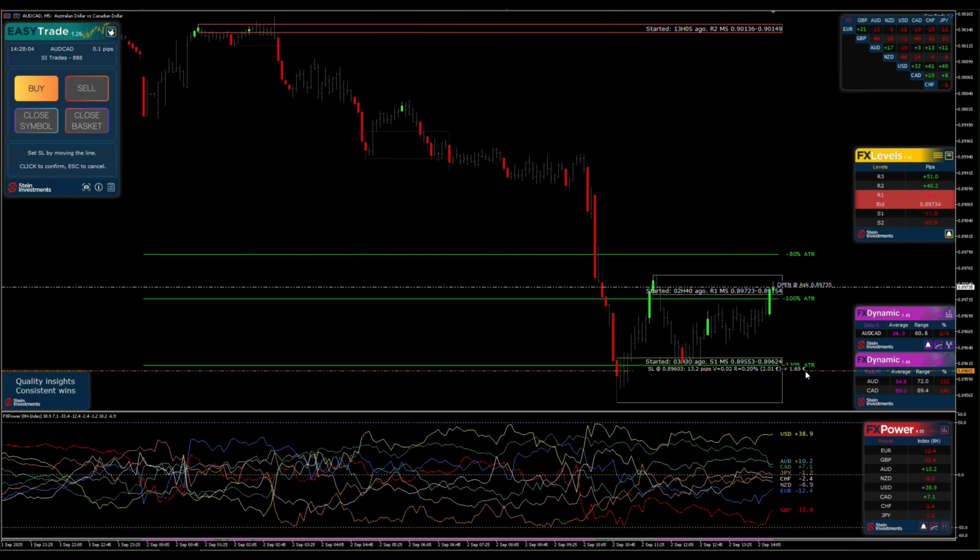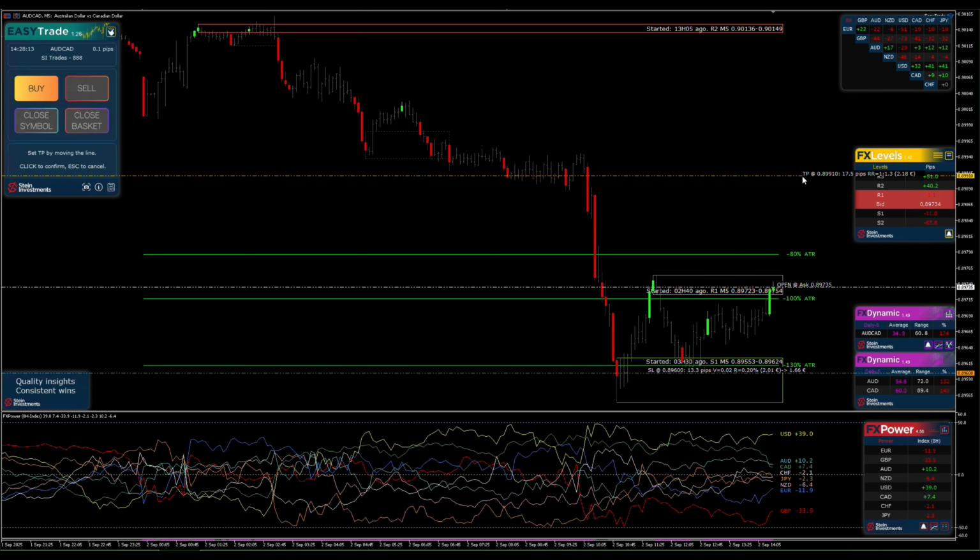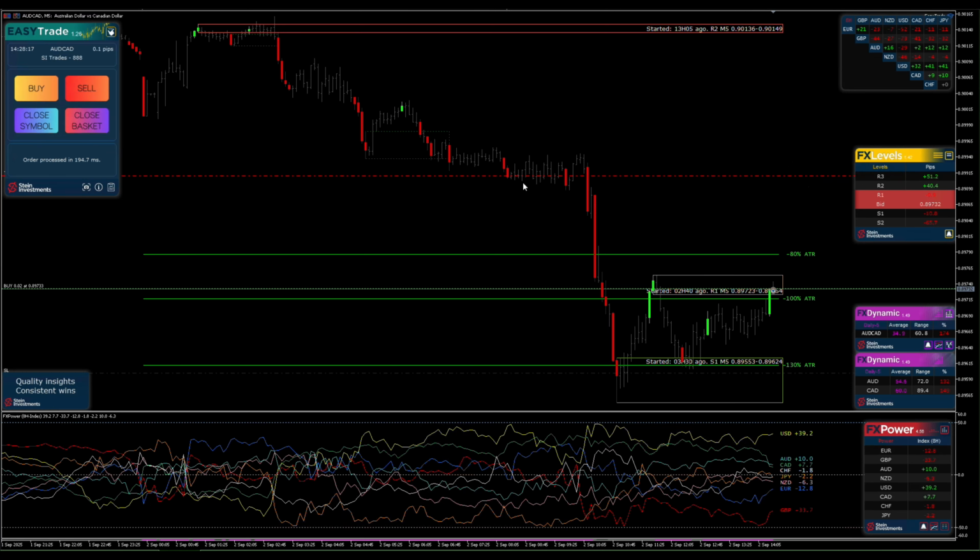In this case it's different. Here we can easily go with this stop level for the Aussie dollar against the Canadian, and I place the profit target here where it has been moving around in the past, so it's quite possible that we will reverse until this point here.